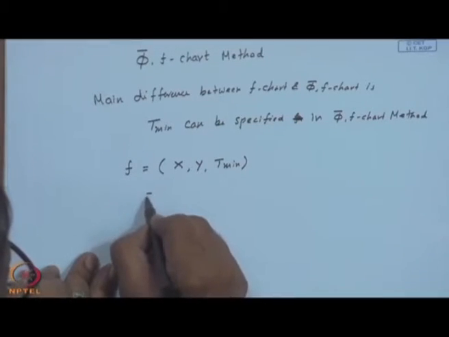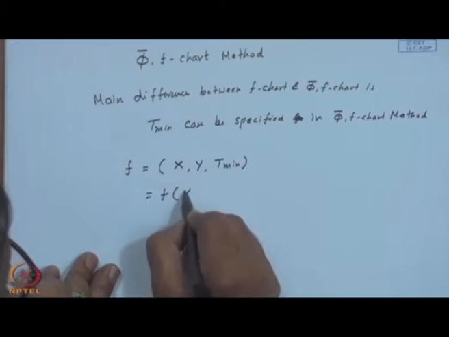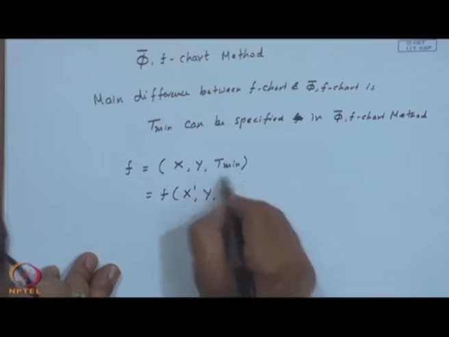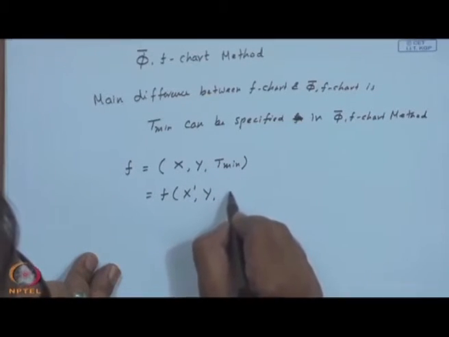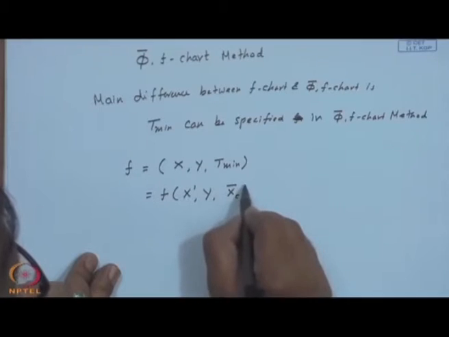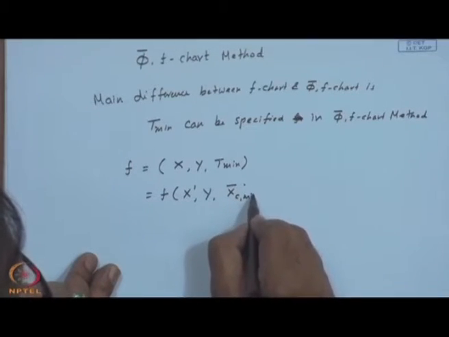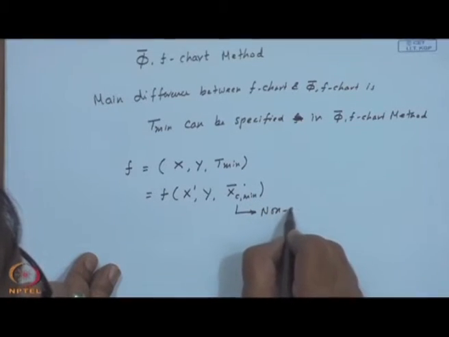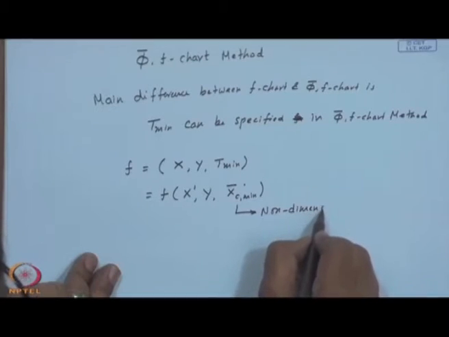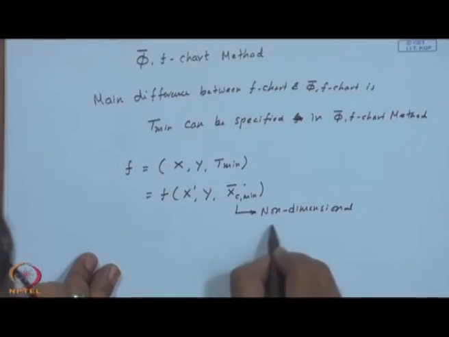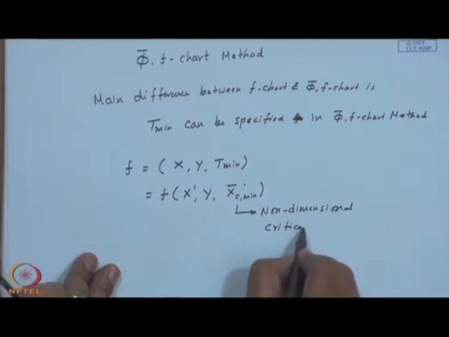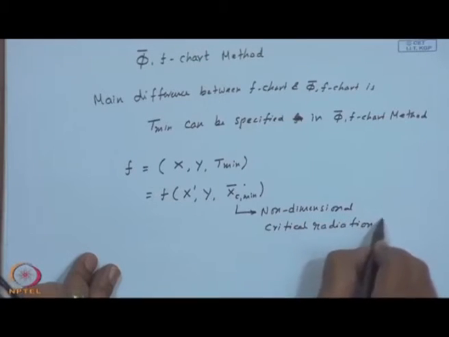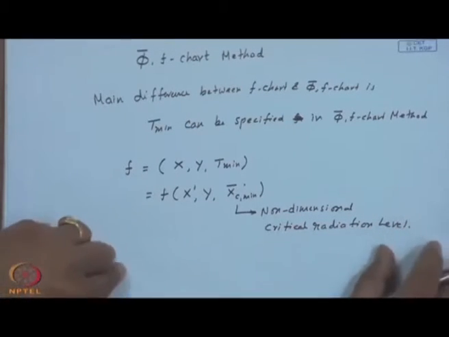So, this is slightly modified and it is related to some x dash, a modified x, and the same y, and this will give rise to what is called an x c bar minimum, which is a non-dimensional critical level. Okay.